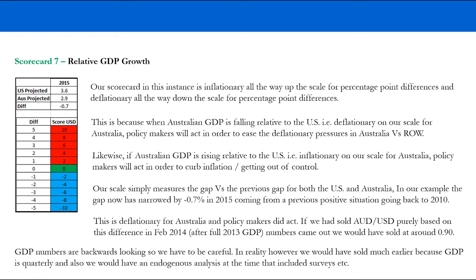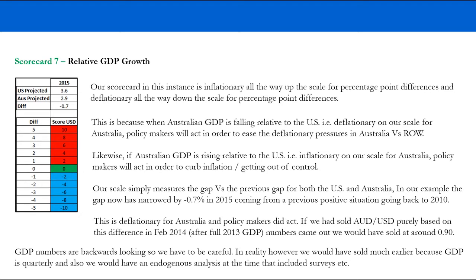So deflationary for Australia. So we just have to look at this in a logical way. We started off with our endogenous analysis. Now we're looking at our exogenous analysis.